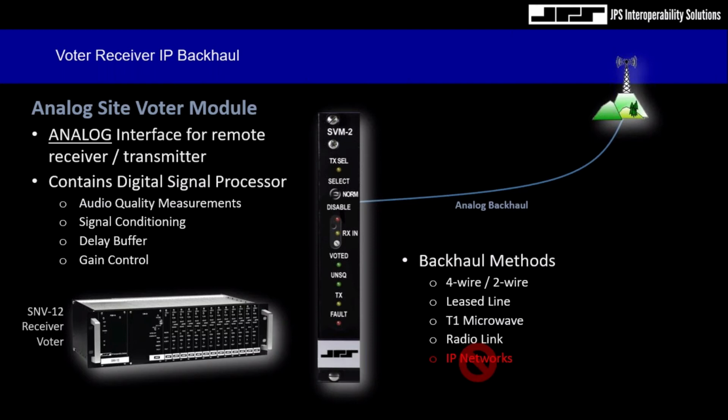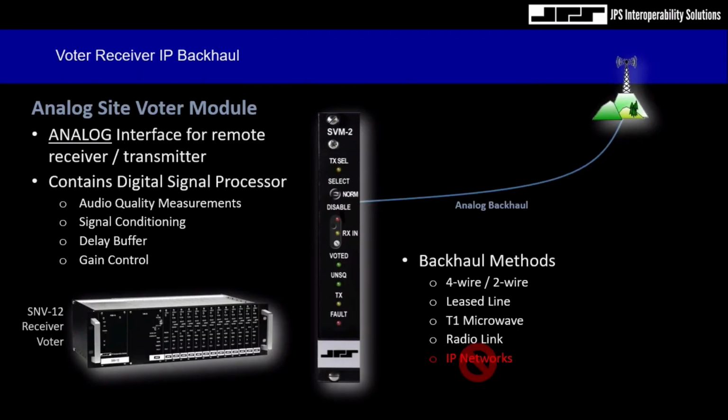And what we learned about TCP/IP networks, we want to avoid any form of digital transport when dealing with receive audio using the SVM2 analog site voter module. Incidentally, you can stack 3 voter chassis together to support up to 36 analog receiver backhaul links. In that case, the 3 stacked voter chassis will constitute a single radio channel.